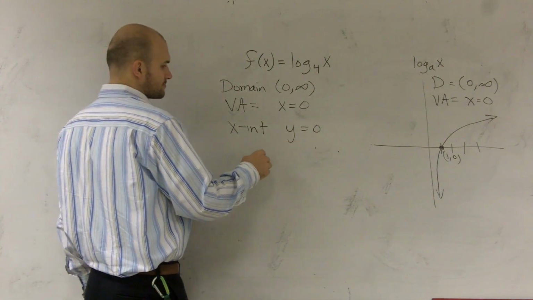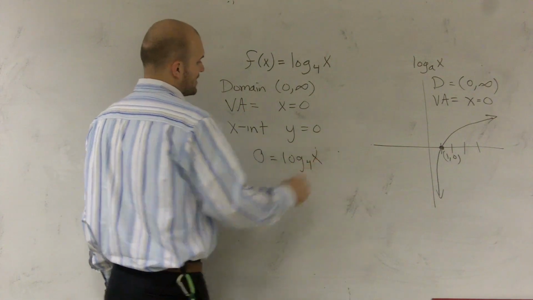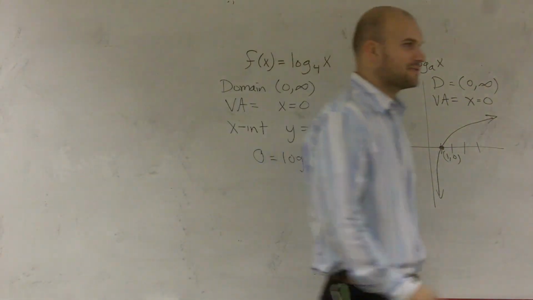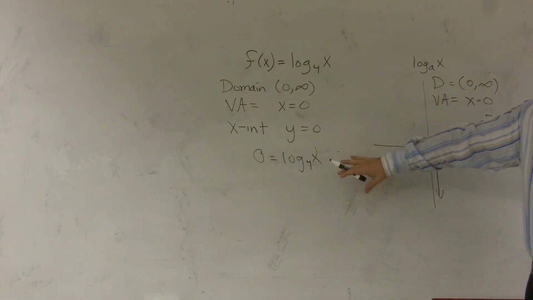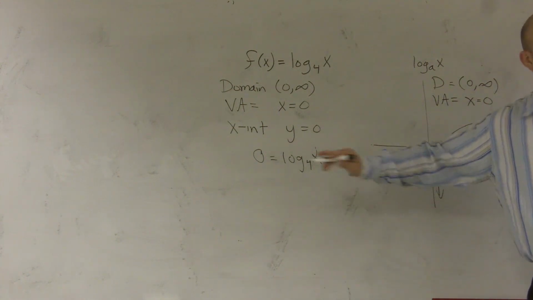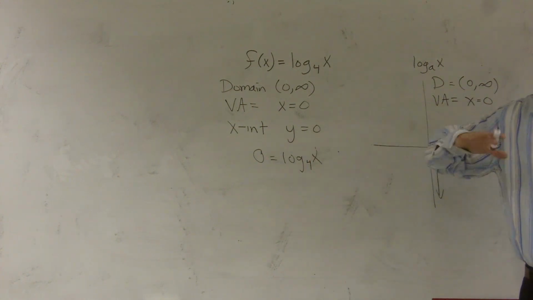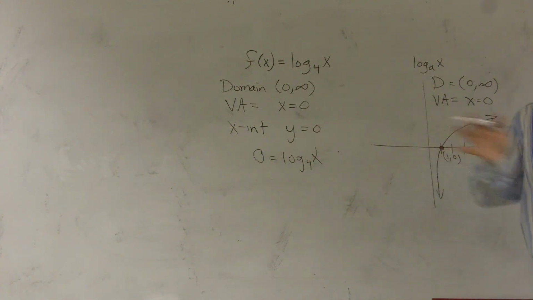So I say 0 equals log base 4 of x. So then, you're supposed to solve for your x-intercept with this. Well, if you guys looked at our notes, I went over one problem like this, but I didn't explain how to solve for logs. All we did was show logarithmic to exponential.